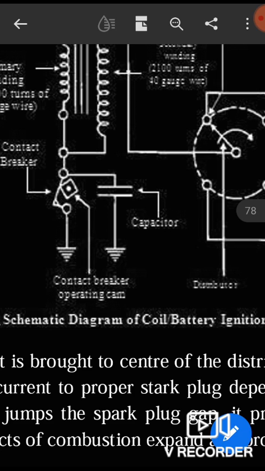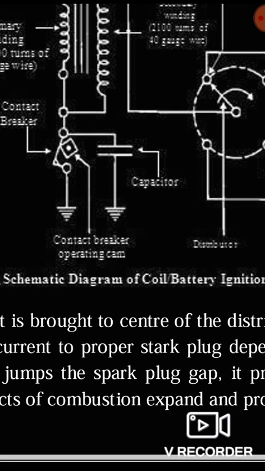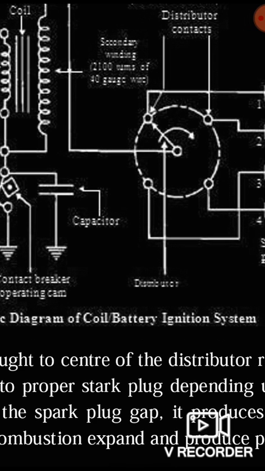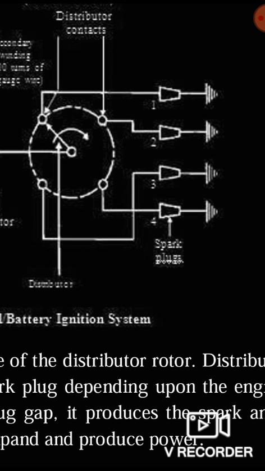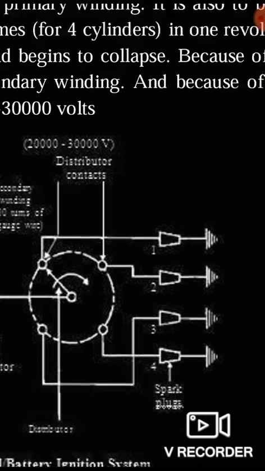You may observe here the secondary winding. The contact breaker operating cam is there. Here you may observe the capacitor is required. The distributor contacts you are having, and the spark plug is required here. These are the spark plugs.